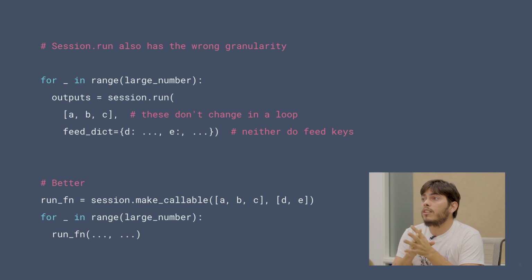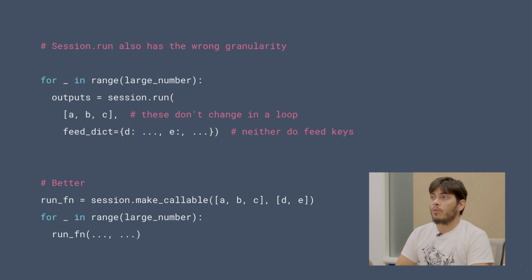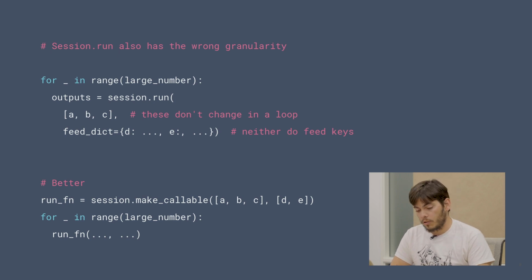Another issue is that session.run asks for too much information every single time. What most training loops or inference loops used with TensorFlow look like is not a single call to session.run, but a bunch of calls to session.run in a loop.